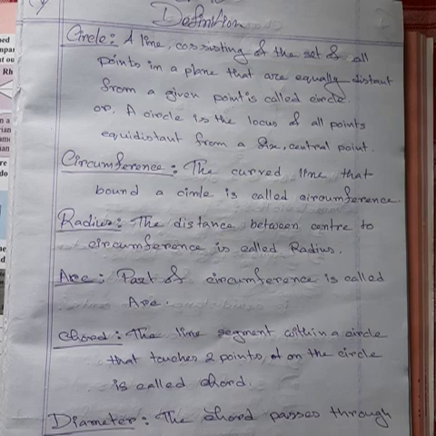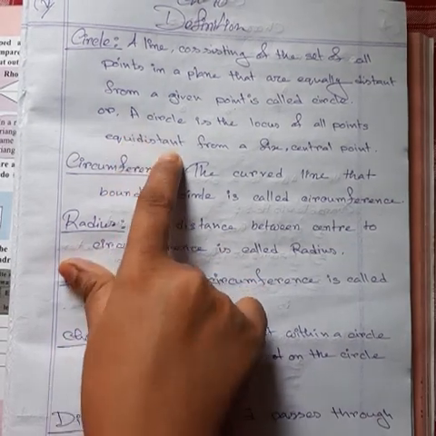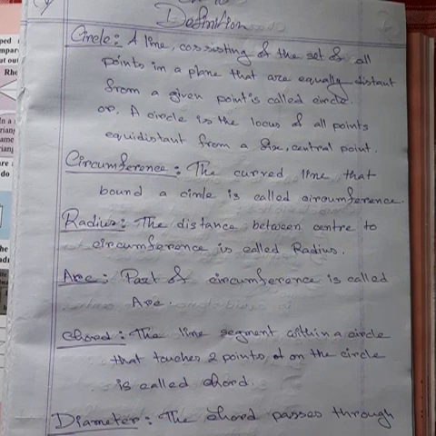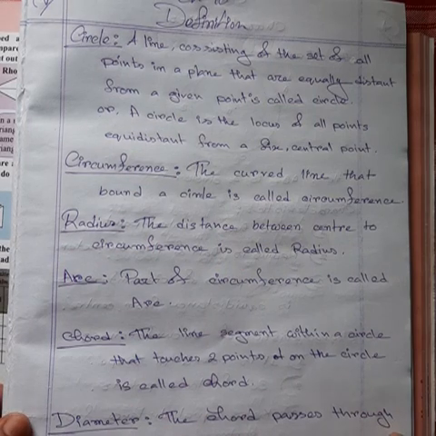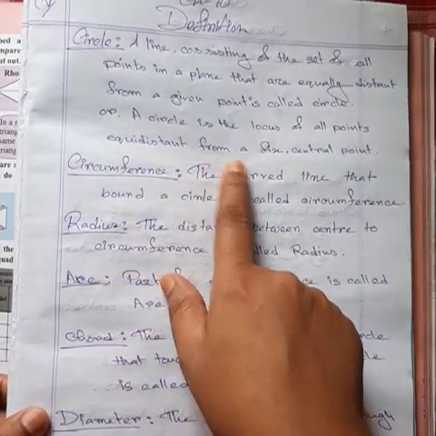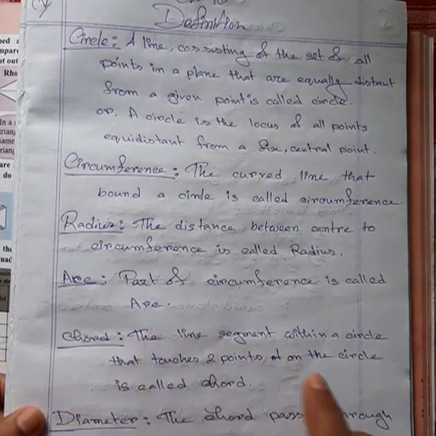The second one is a little bit shorter, and that one I actually like. A circle is a locus of all points equidistant from a fixed central point.